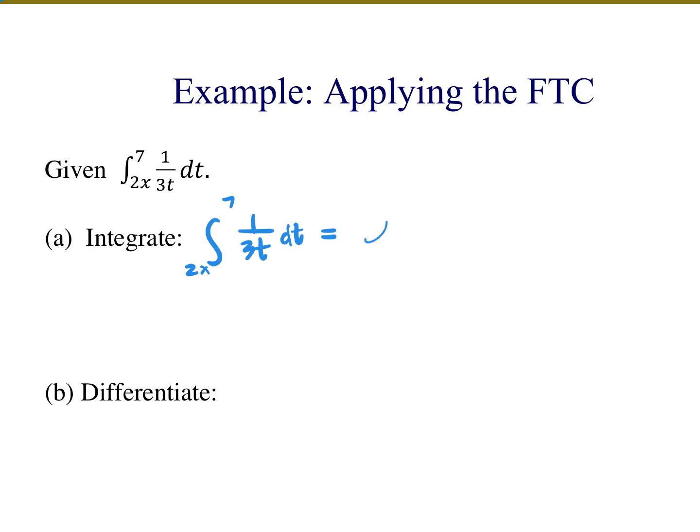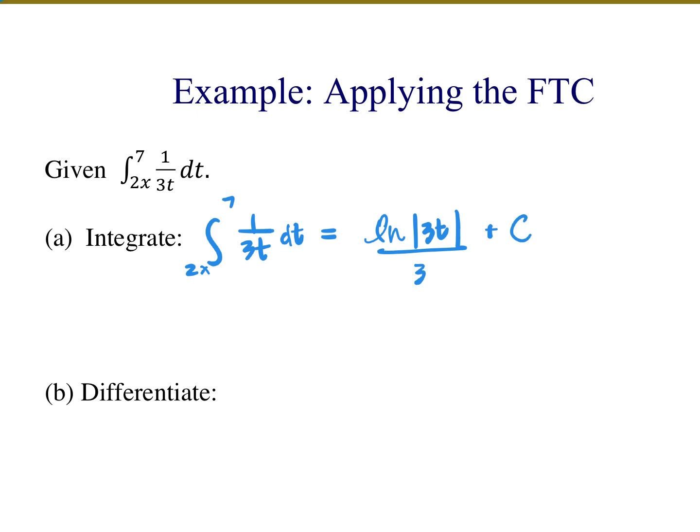Natural log of what? The absolute value of 3t, what else? Divided by 3, chain rule. Because if you have 3 on the inside, you got it.